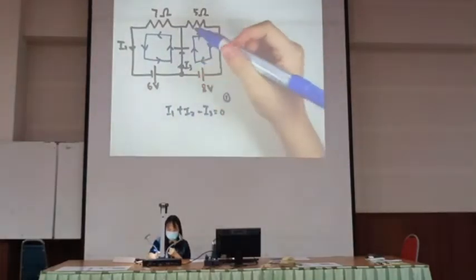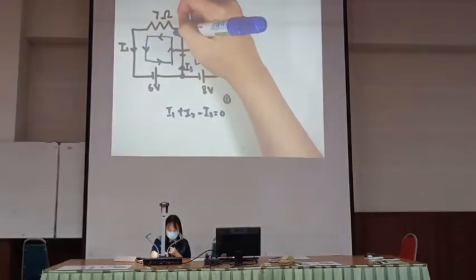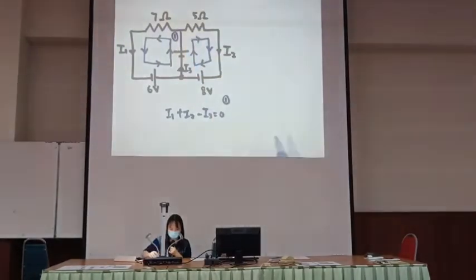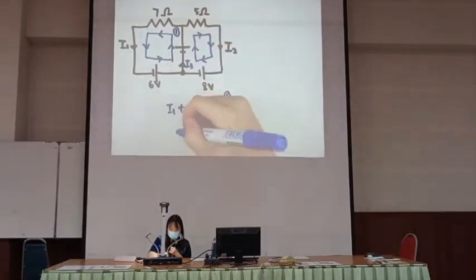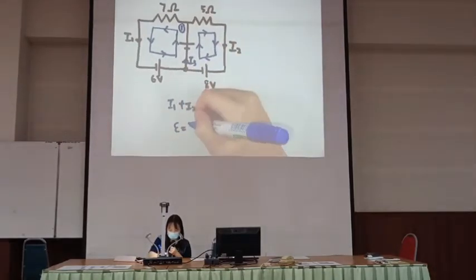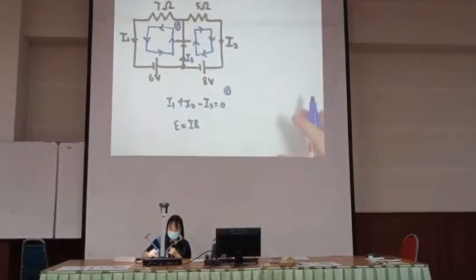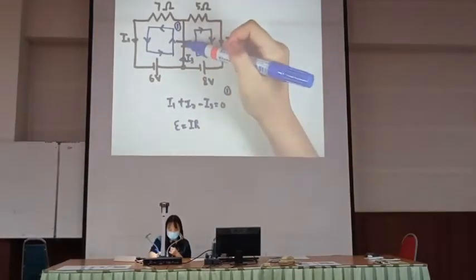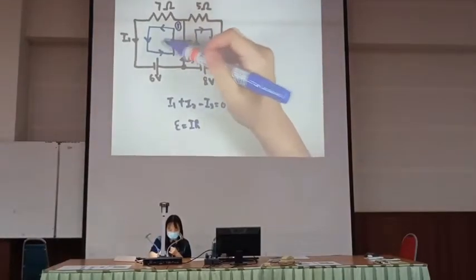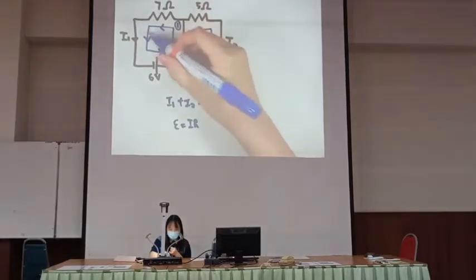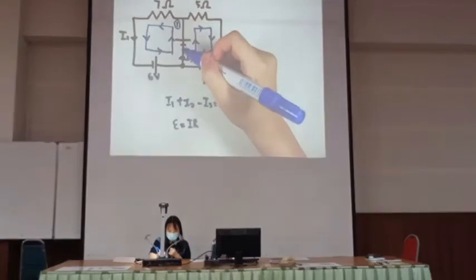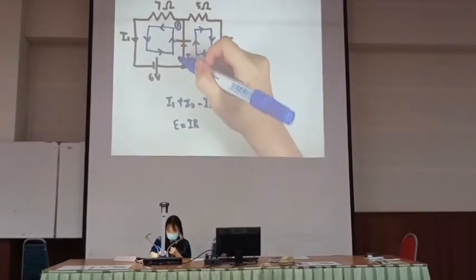And after that, we look at the first loop. The first loop is anti-clockwise, and we use the formula EMF equal to IR. We can see the batteries in this first loop are in the same direction as the loop, which is anti-clockwise, so all of this EMF is positive.